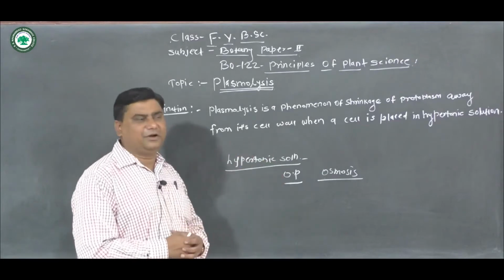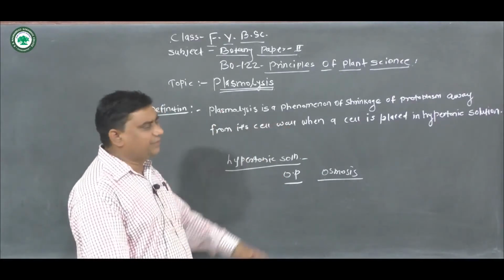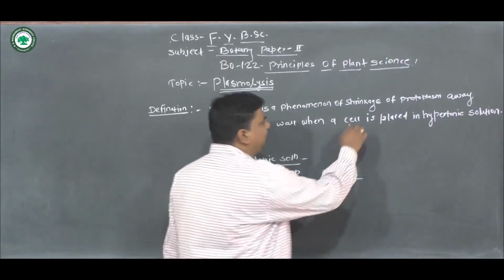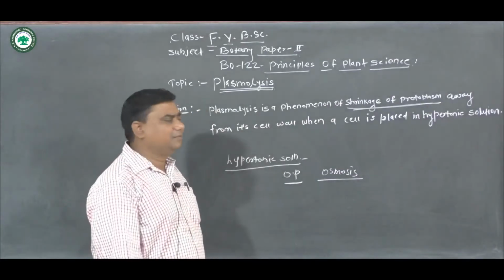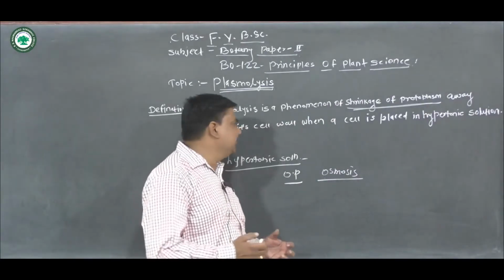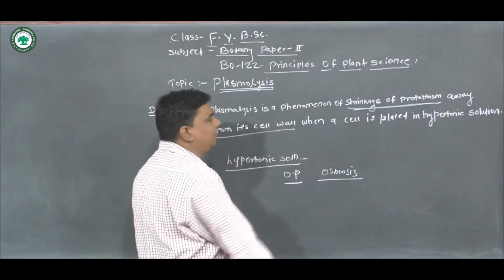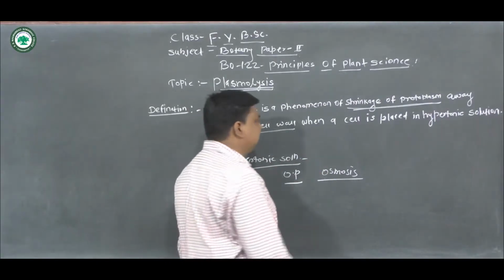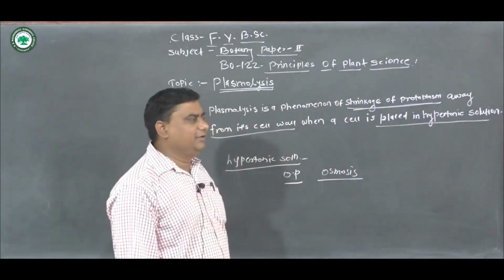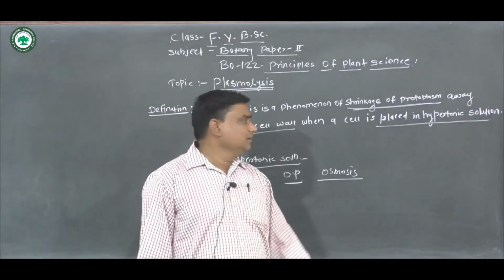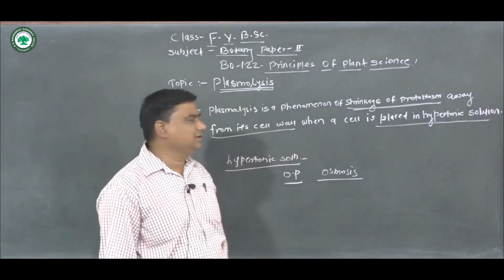Plasmolysis is the phenomenon of shrinkage of the protoplasm of the cell away from its cell wall when the cell is placed in a hypertonic solution.